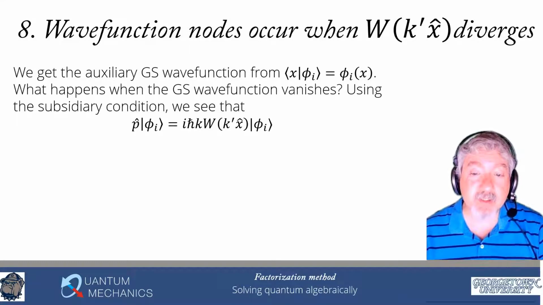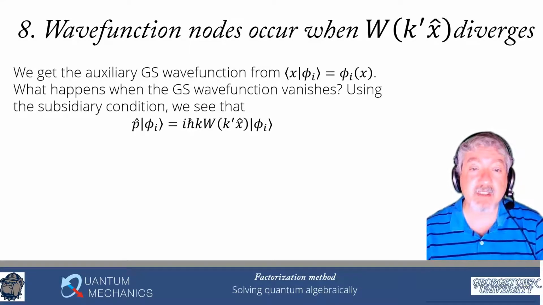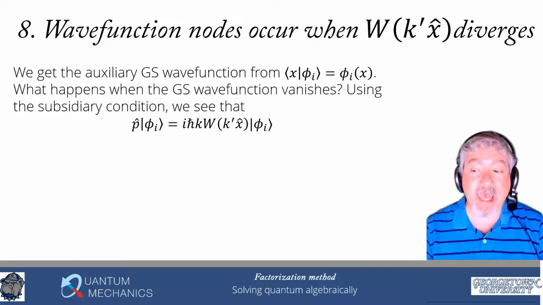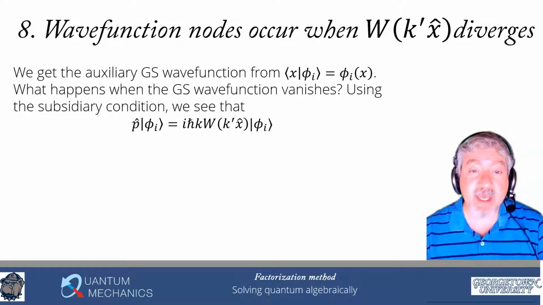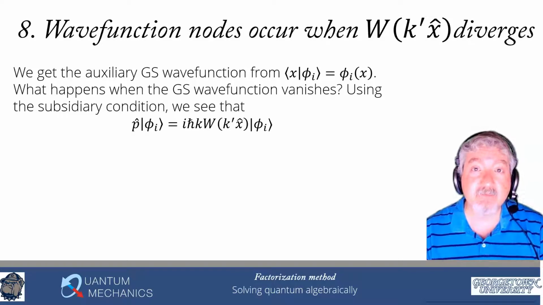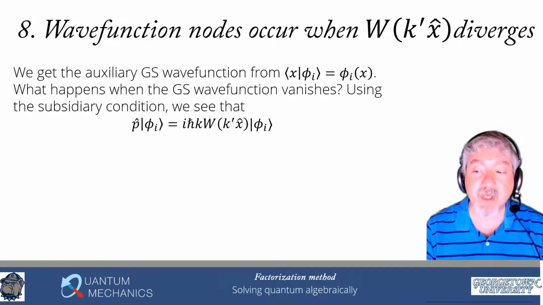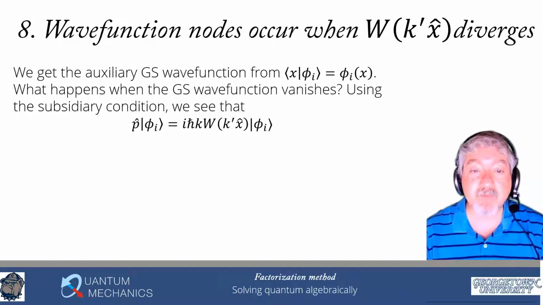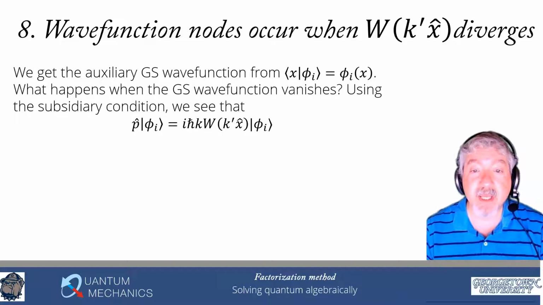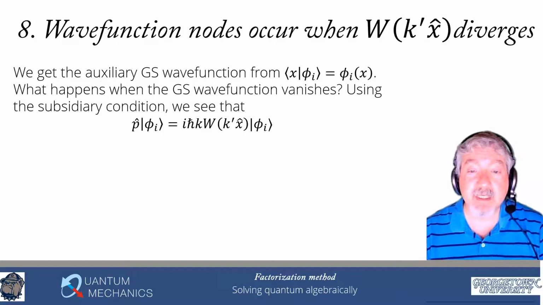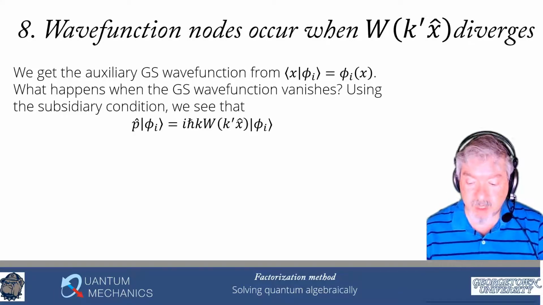I can't do anything with the left-hand side, but on the right-hand side, I can let W of k prime x hat act on that, because the state x is an eigenfunction of the operator x hat. I can just replace x hat by its eigenvalue, which is x. And so the W of k prime x is going to factor out, and then I'm left with the bra x ket phi I. That's just phi I of x.